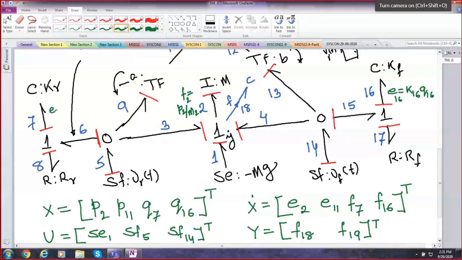This is E7 is equal to K7 Q7. These are how we write normal equations. Here F5 equal to SF5. Here E1 is equal to SE1. Here F14 is equal to SF14. So whatever equations we usually write, we are writing them here itself.